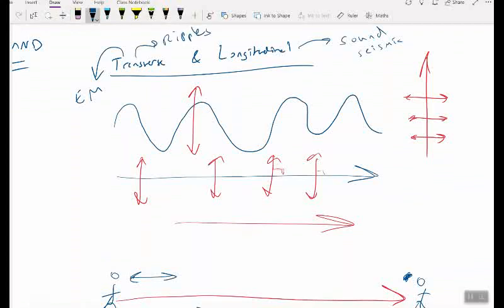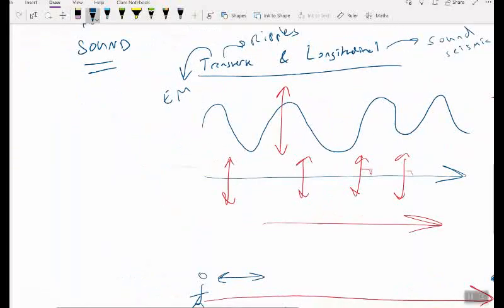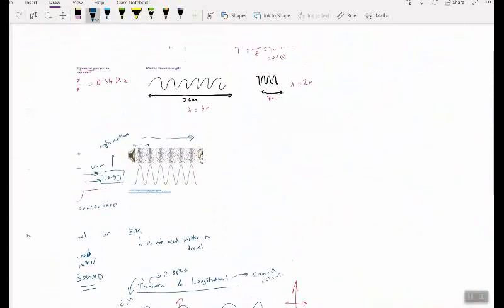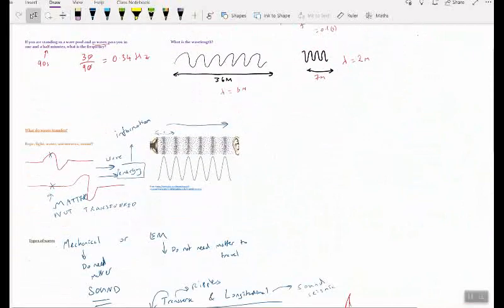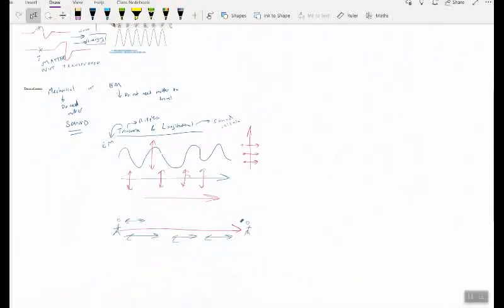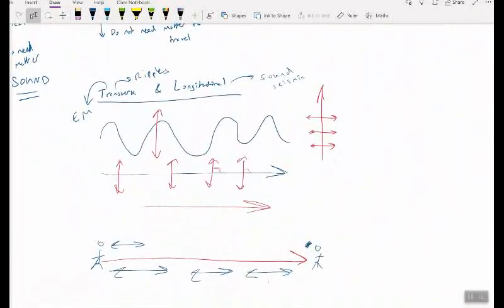Think of ripples, if you looked at them sideways, you'd see it vibrating, and that's because it's perpendicular to the direction the energy is traveling. Think of the rope that we just looked at over here at the start, that would also be transverse as well. So those are different types of waves, and those definitions are an absolute must that you must learn them.